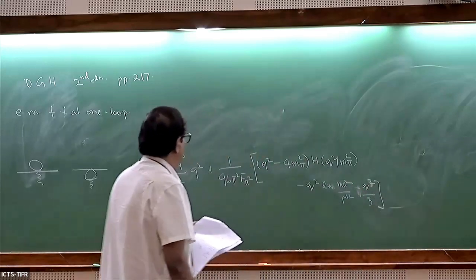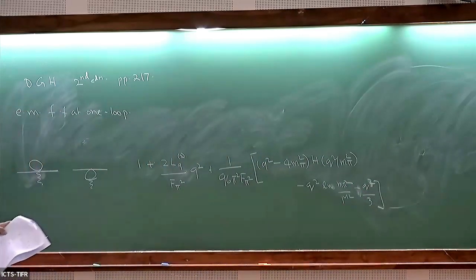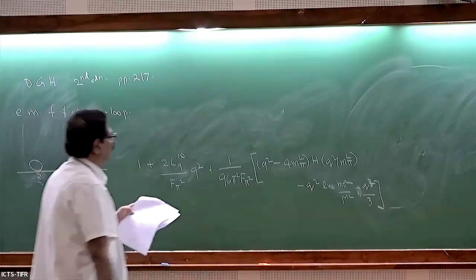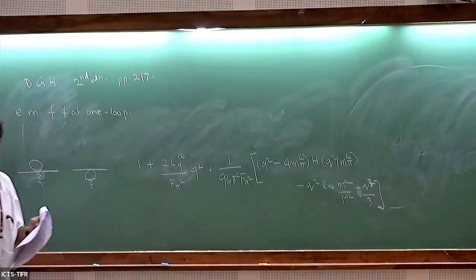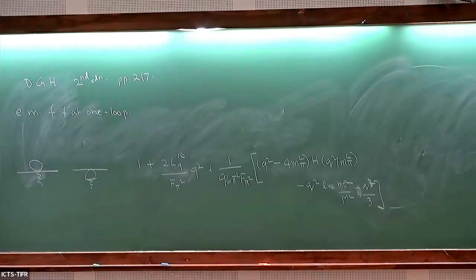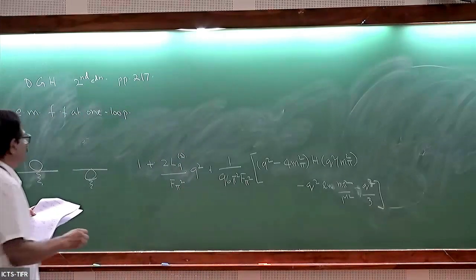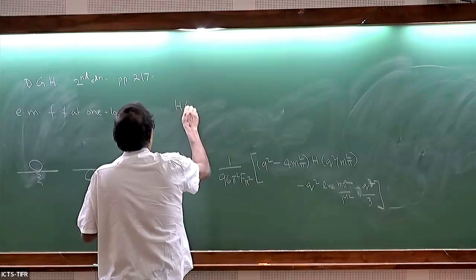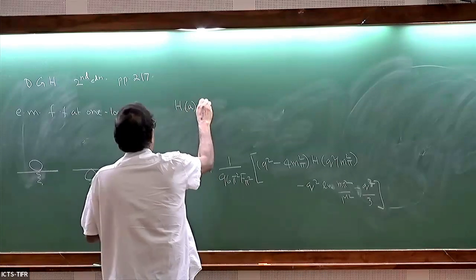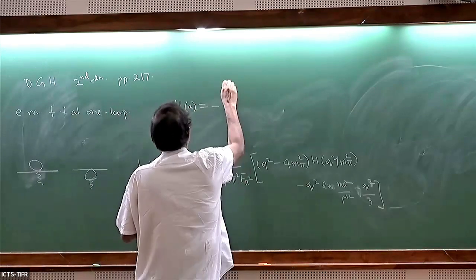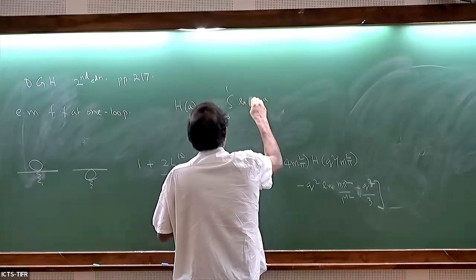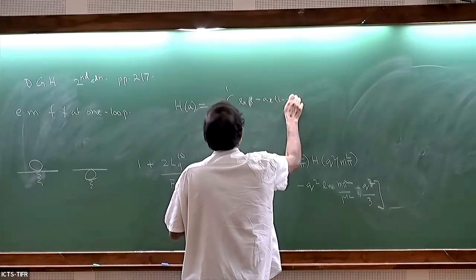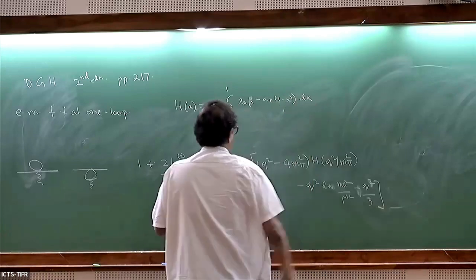Like so. What is this h of q squared by m pi squared? It's again the same one loop integral that we did from Ramon's book. So this h of a again is defined by them in the following way: minus integral 0 to 1 logarithm of 1 minus ax times 1 minus x dx, like so.